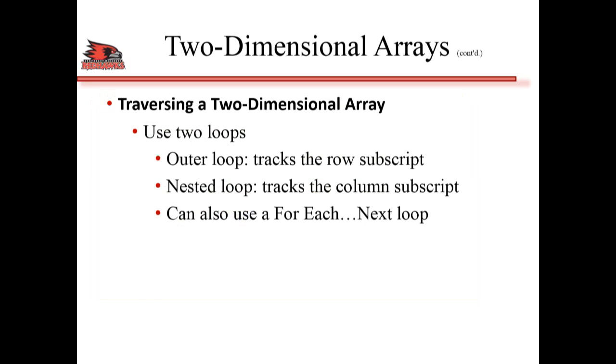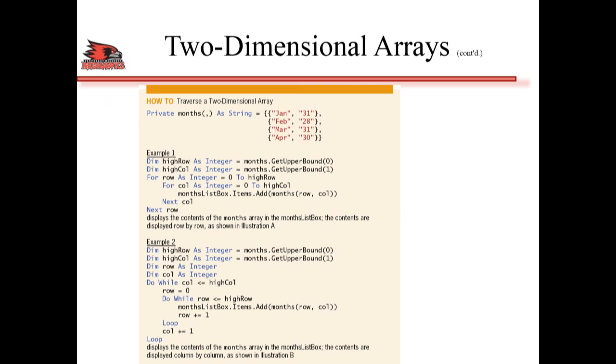So how to go through a two-dimensional array? Well, we will use nested loops, which we saw before. The outer loop will track the row subscript, the inner loop will track the column subscript, and we can use for each next loops to do this.